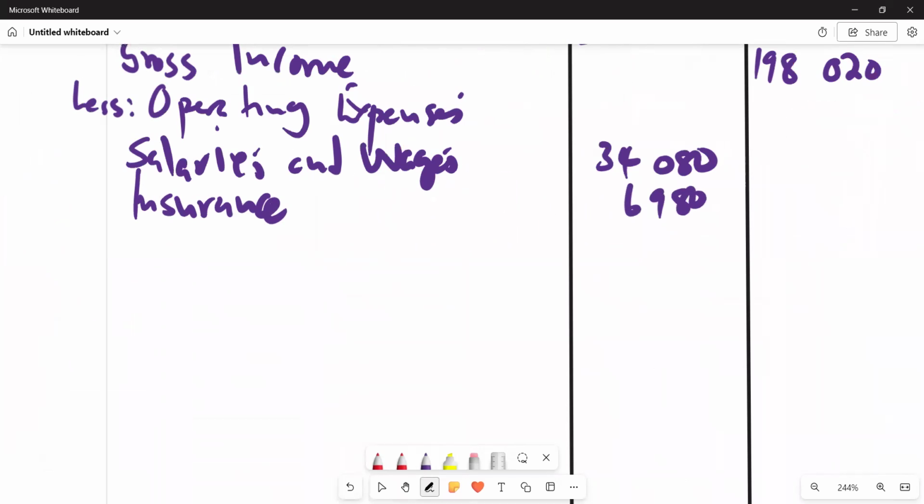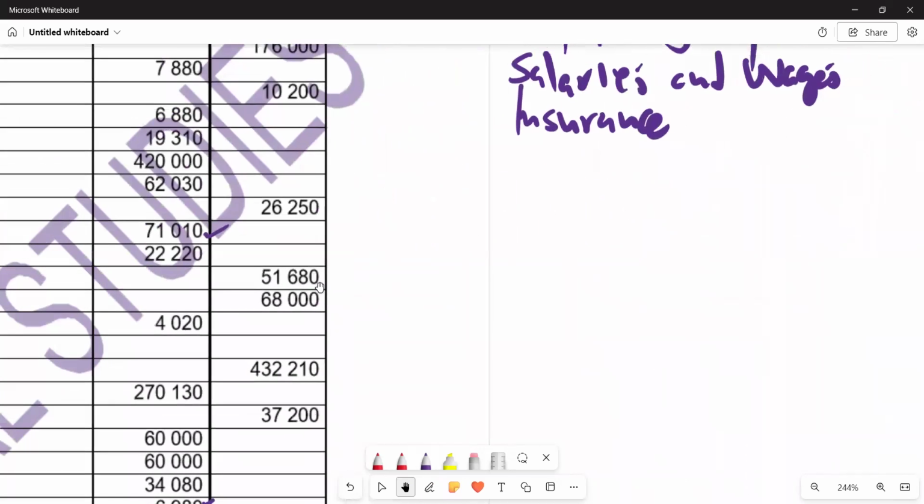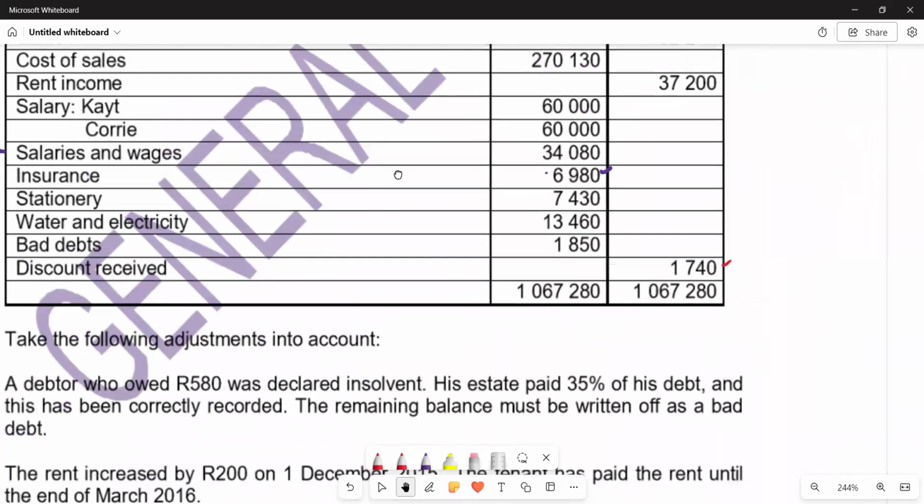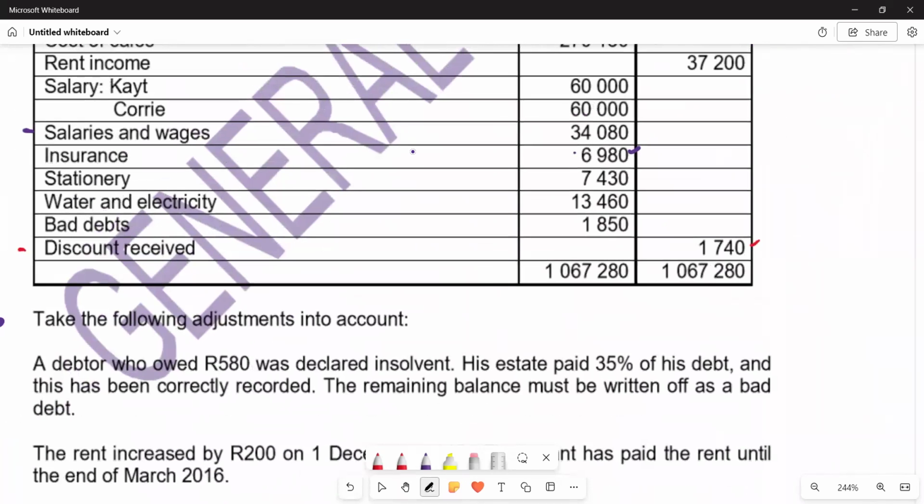Then after insurance, we are going to go down to check again if we have got anything. We have got stationery, which is 7,130. So this stationery indicates what was bought. To find the used stationery, we say what was bought minus what is remaining at the end of the period for stationery.